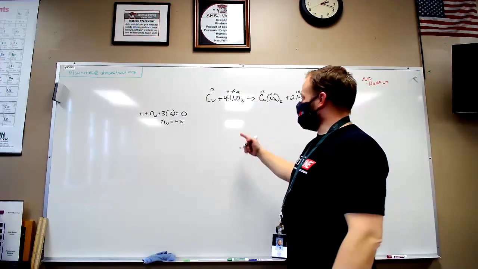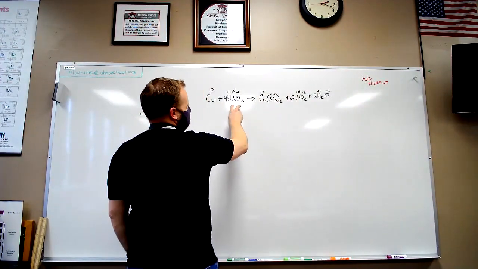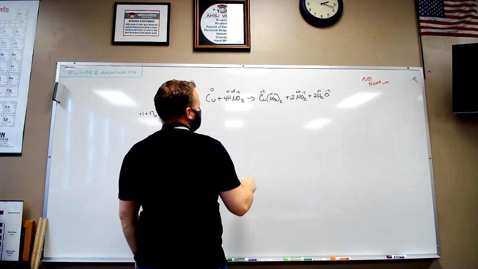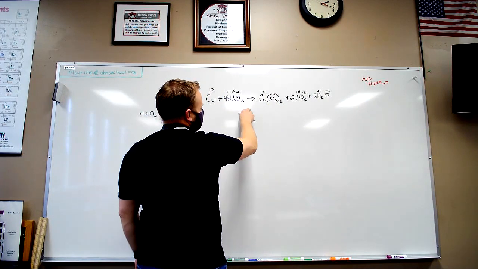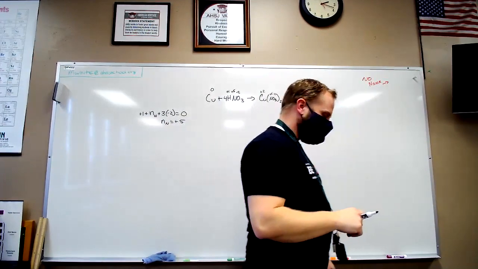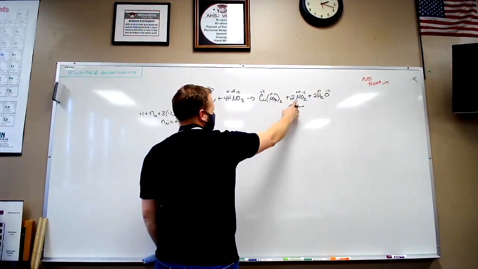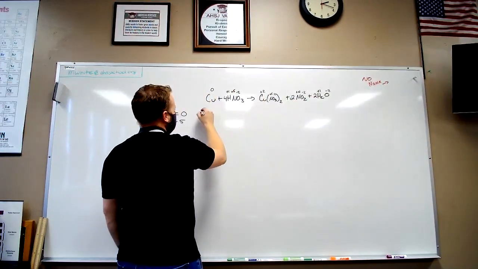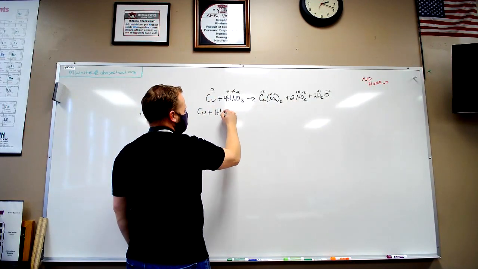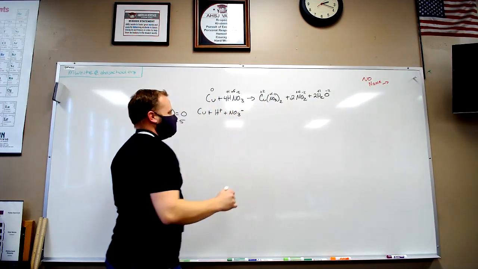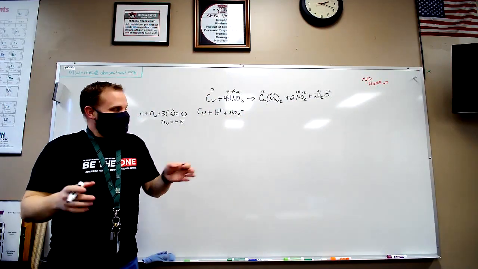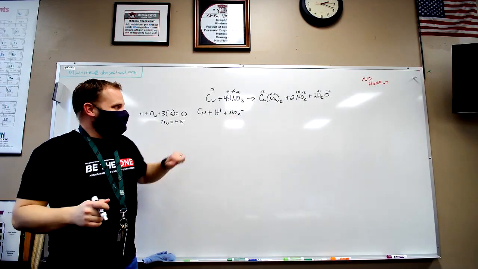Now, nitric acid is a strong acid. And look, you can see NO3 right there. So a bunch of these aren't really going to do anything at all. Some of them will. But since it's a strong acid, we can say we have copper plus H+ plus NO3-. Because remember, strong acids completely break apart like that. So once we're in solution, this is actually what we're dealing with.